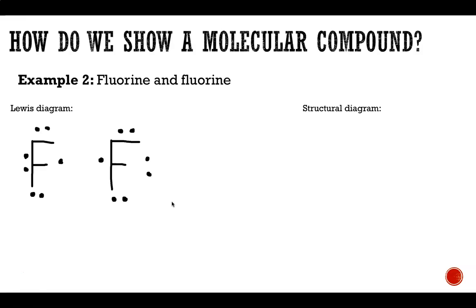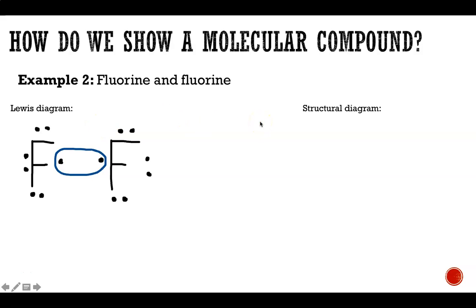So this one's actually nice and easy. They both just need 1 more electron, so they can share that unpaired electron in the middle, so that becomes 8 for each of them. So again, you can go around and count and double check, but we should find that each fluorine now has a full valence shell, 8 electrons.